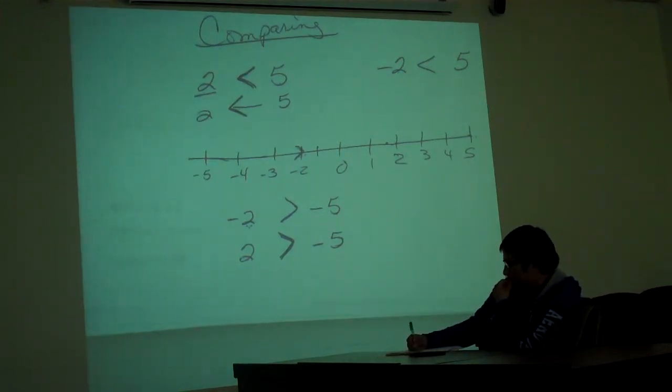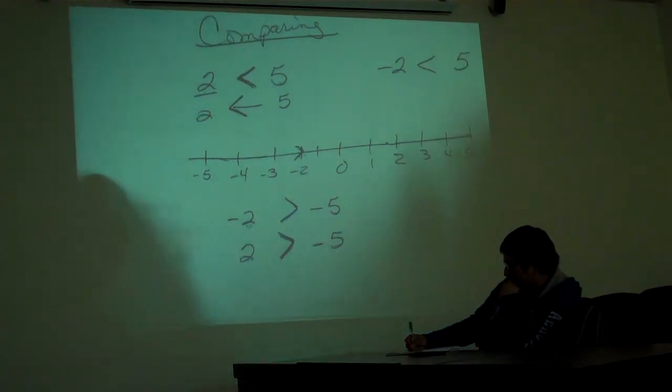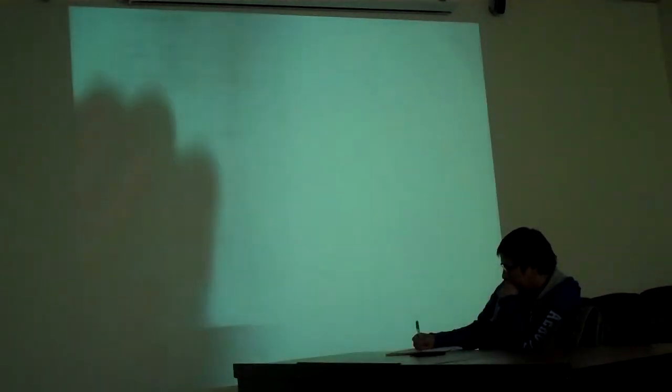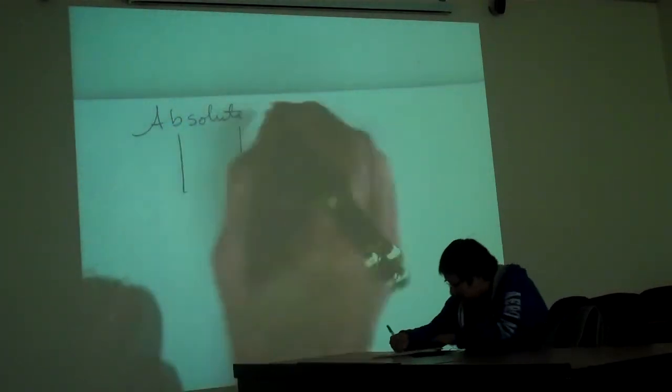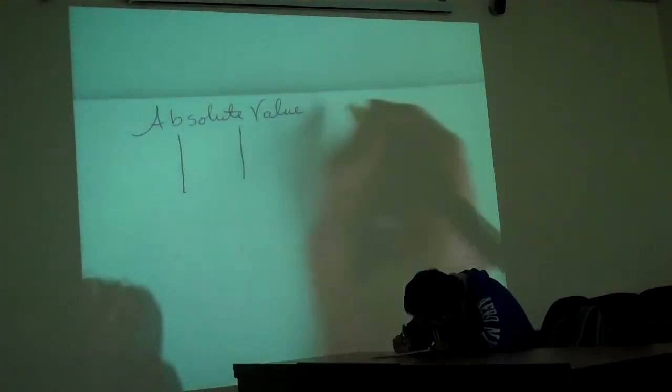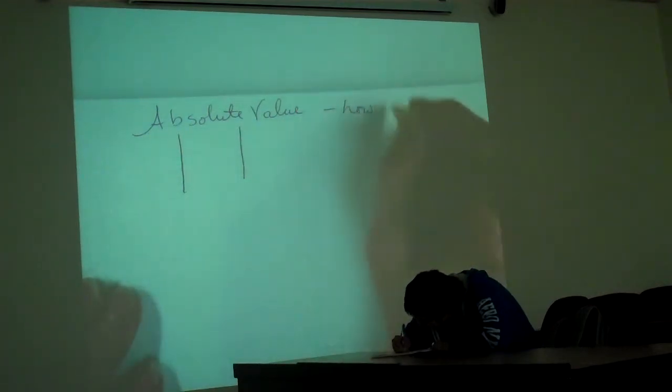Yeah? Okay. Another concept that you have in here is absolute value. These two lines mean absolute value. Absolute value is asking you how far is it from 0.